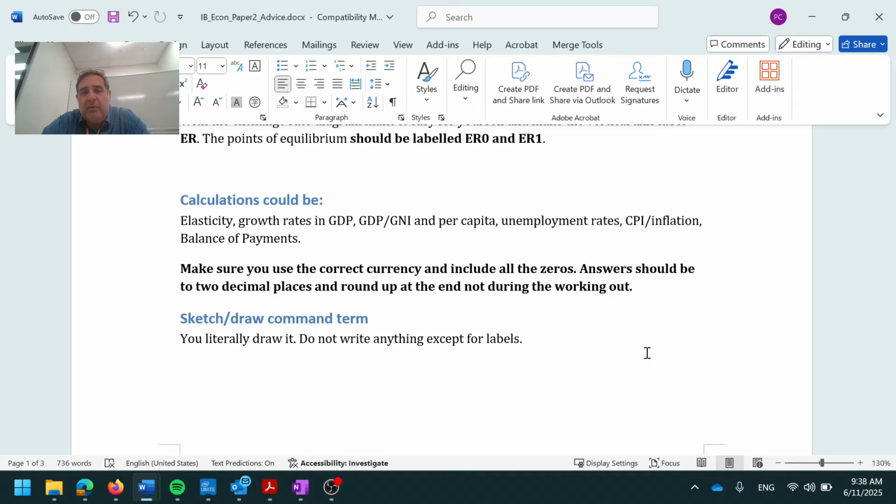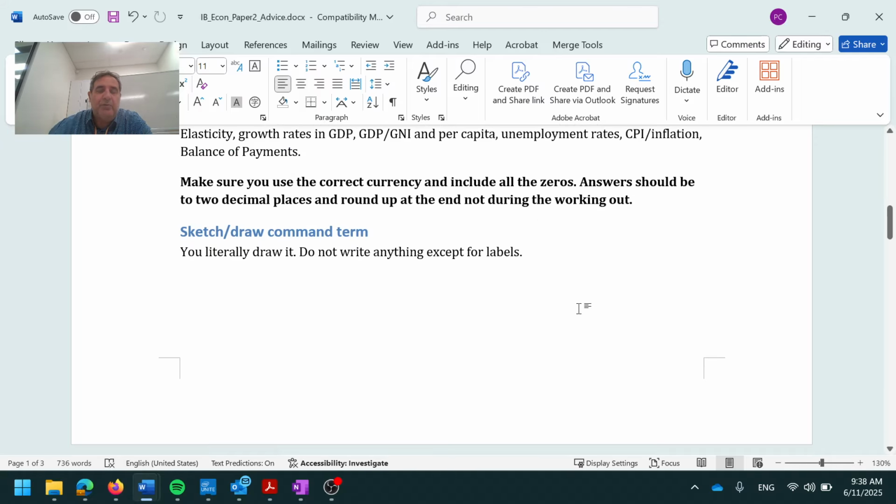The regular warning, a lot of you guys dropped marks in year 11 because when you wrote your final response, if it had to do with an amount, you have to have the correct currency, whether it's US dollars or Korean won or Australian dollars, Kiwi dollars, whatever.